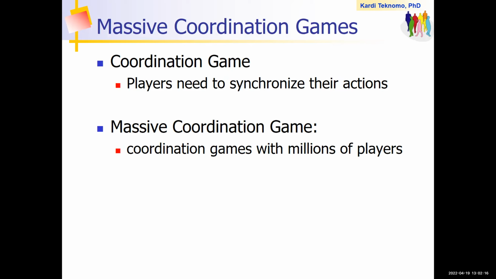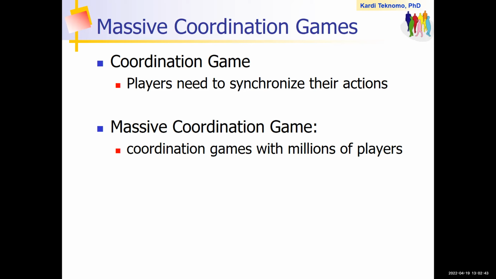Now, what happens if you have millions of players rather than just 2? The same game, but instead of 2 players, now you have millions of players. This is called a massive coordination game. That means the players need to synchronize their actions.